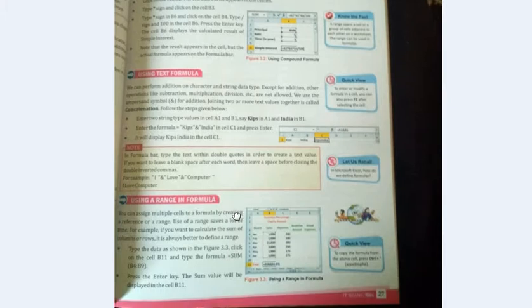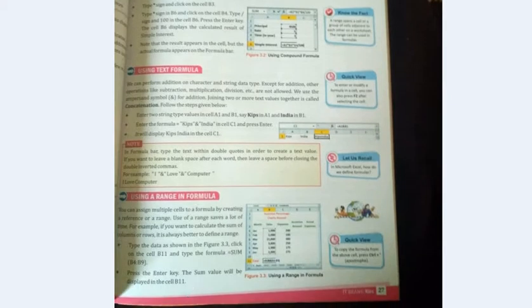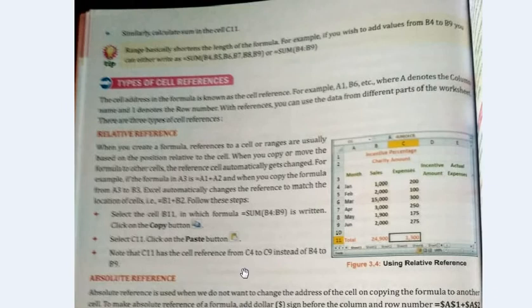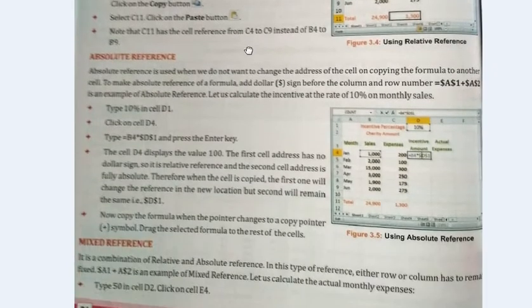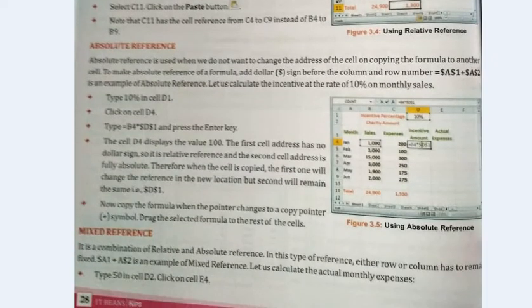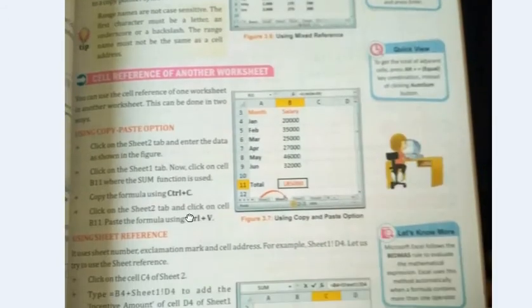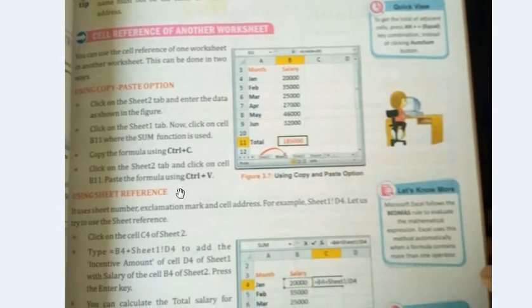Using a range in a function also we have seen. And then we have seen cell references and their types: relative references, absolute references, and mixed references. And after this we are now here, cell reference of another worksheet.